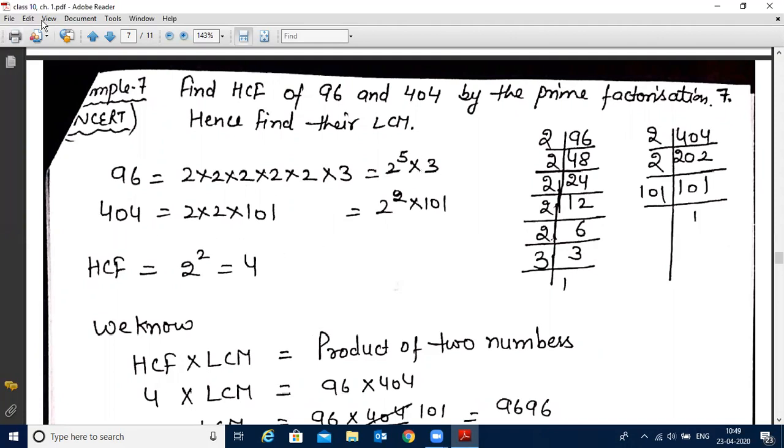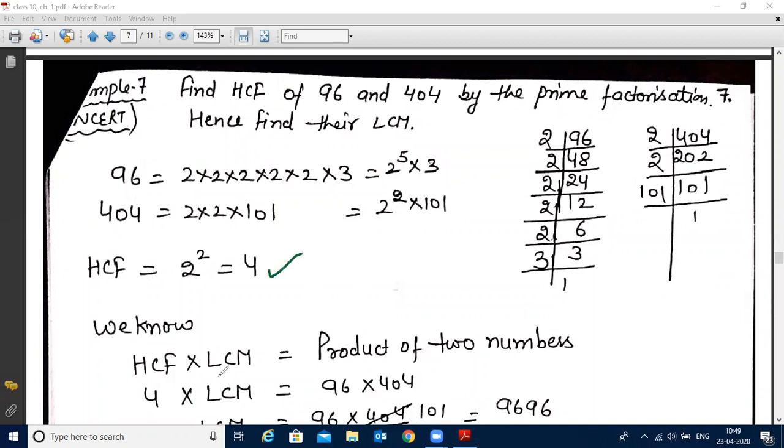Then we will do the prime factorization of 404. It is 2 into 2 into 101, which can be written as 2 raised to power 2 into 101. Now 2 raised to power 2 is common in these two numbers, so the HCF will be 2 raised to power 2, that is 4.